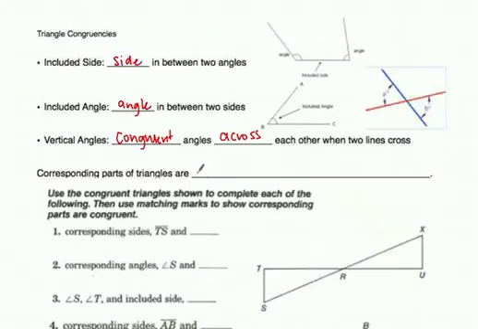And corresponding parts of triangles are going to be parts in the same location in two different triangles.